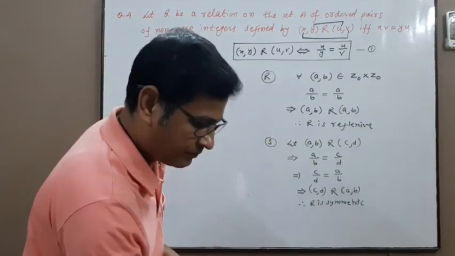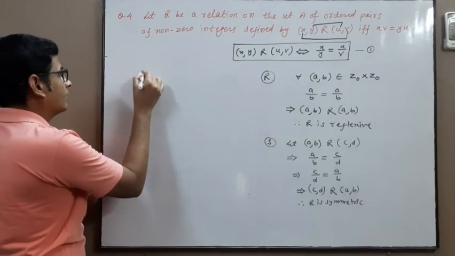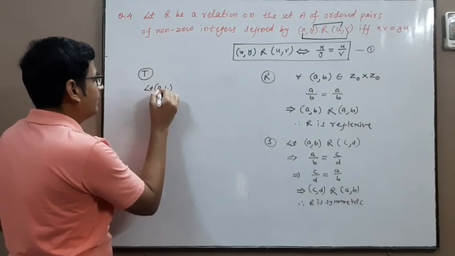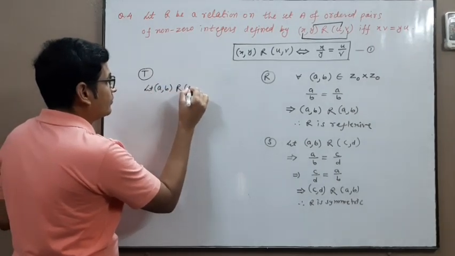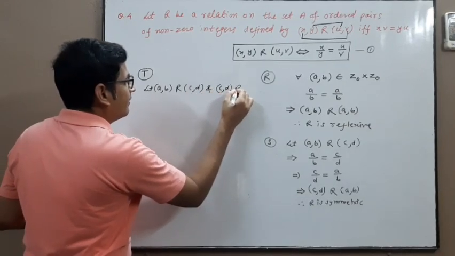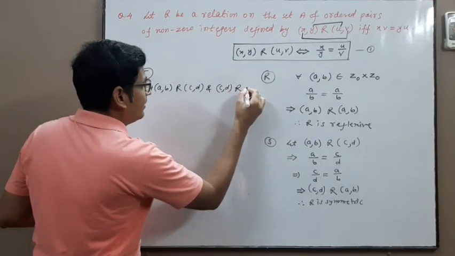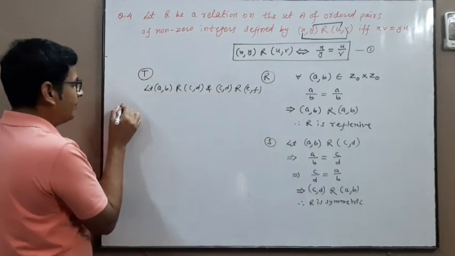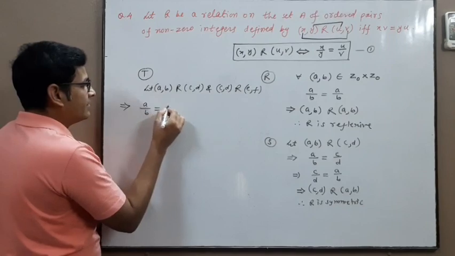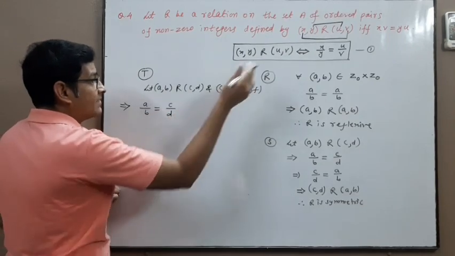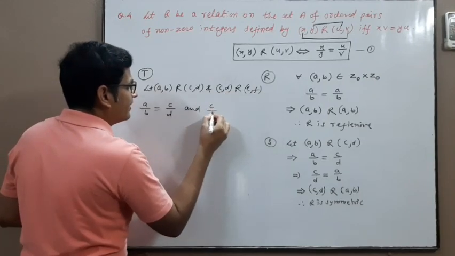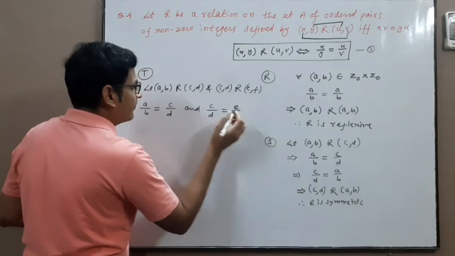For transitive, let (a, b) be related to (c, d) and (c, d) be related to (e, f). This implies (a, b) related to (c, d) means a upon b is equal to c upon d by definition, and (c, d) related to (e, f) means c upon d equal to e upon f.